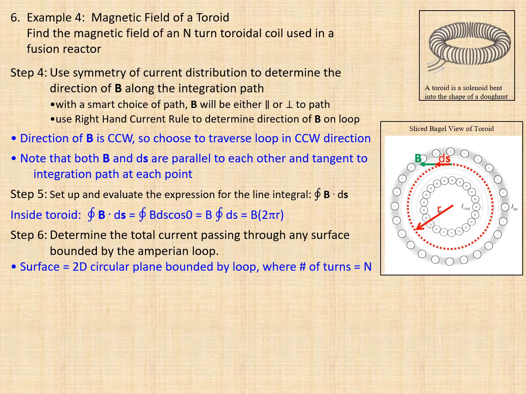So the total current penetrating that two-dimensional circular plane would then be the number of turns times the current through any single turn.